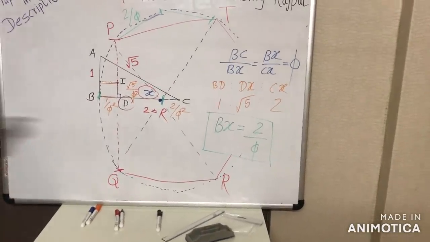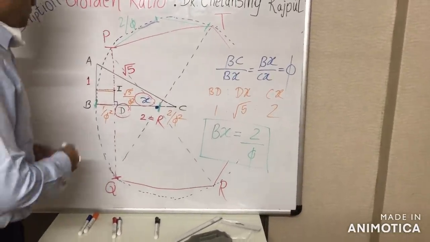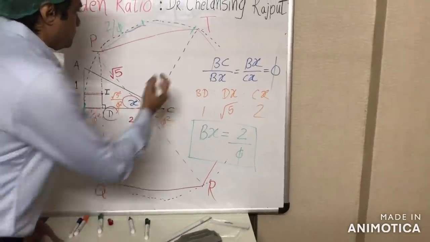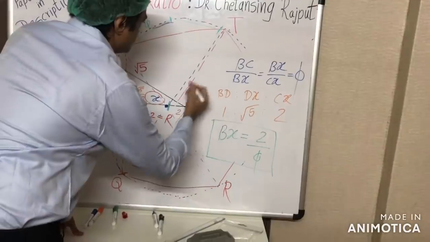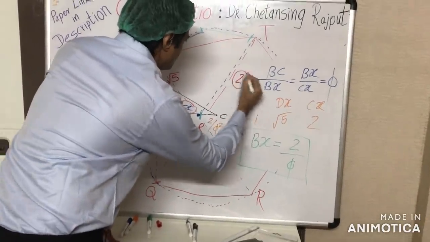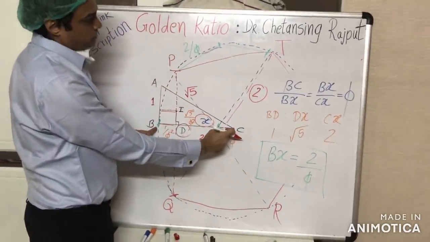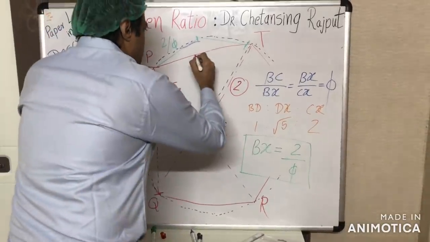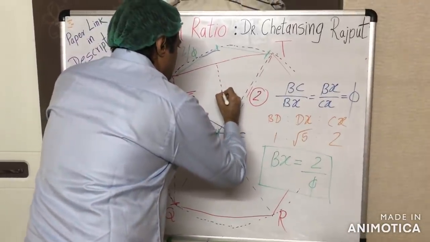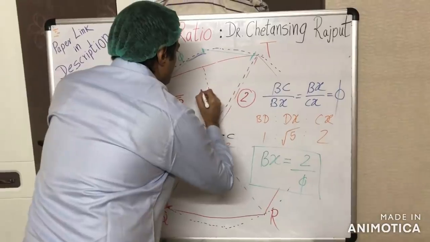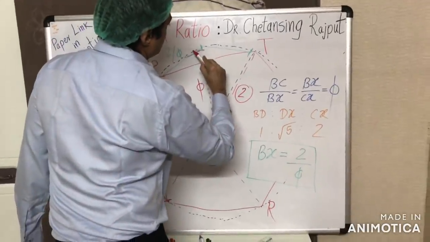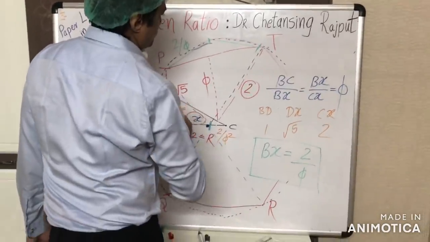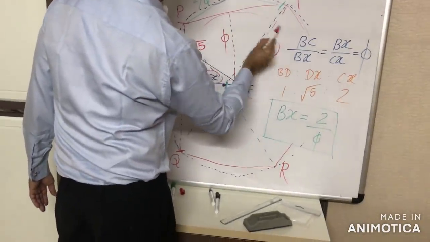Now, more important thing. Here, the circumradius of this pentagon is equal to 2, which is the longer cathetus of our reference triangle, and the apothem of this pentagon is equal to the golden ratio. Consider the circumcircle of this pentagon and the incircle of this pentagon.